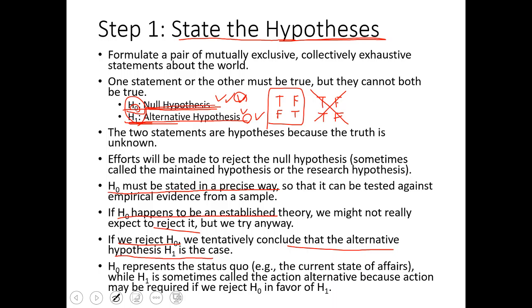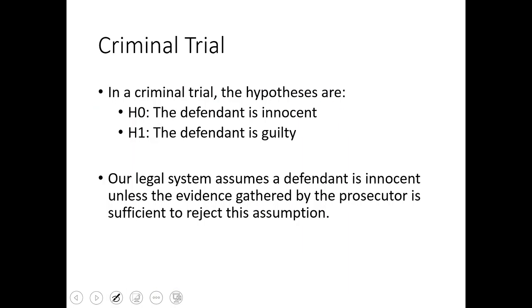So if we reject the null hypothesis, then the alternative hypothesis should not be rejected. And if the alternative hypothesis is rejected, then the null hypothesis is not rejected. So these two statements should be complements.